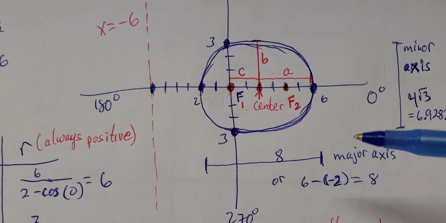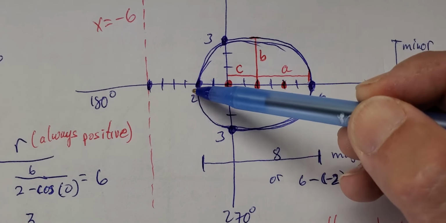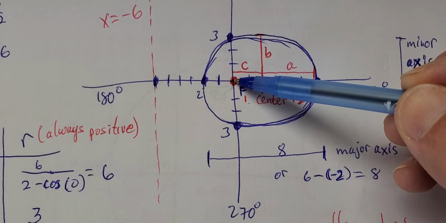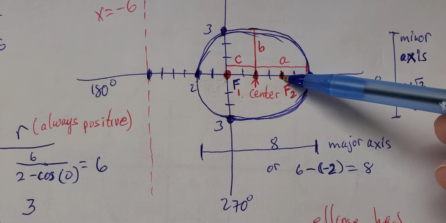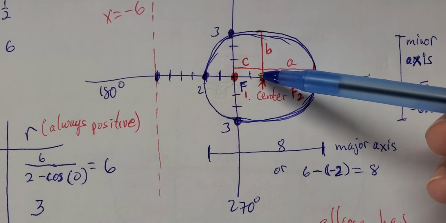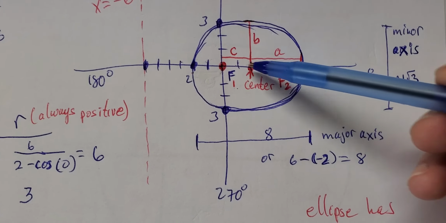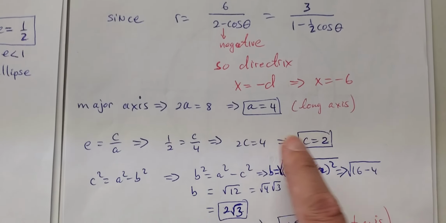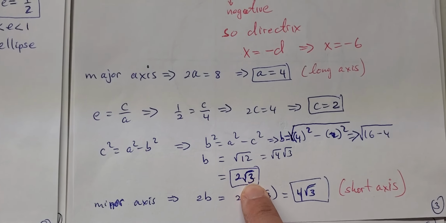So the distance of a is from the center to the right, center to the left. The distance of c is from the center to get my first focus, and from the center to get my second focus. For b, center to the top vertex, center to the bottom vertex. So that's how I find the distance of a, c, and b. Again, a is 4, c is 2, b is 2 square root 3.